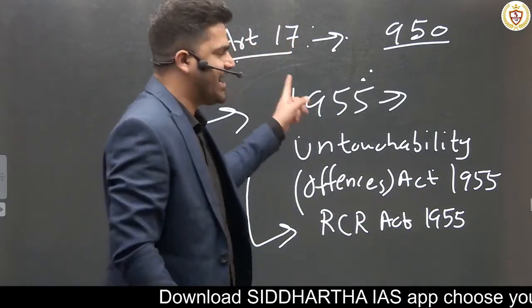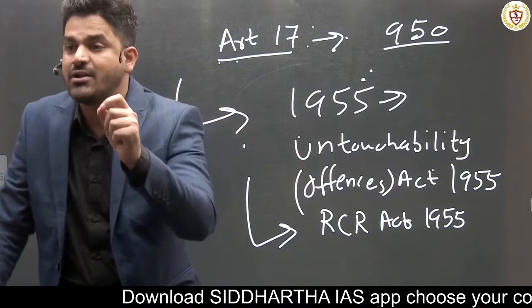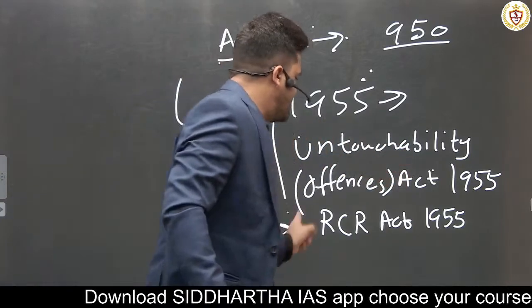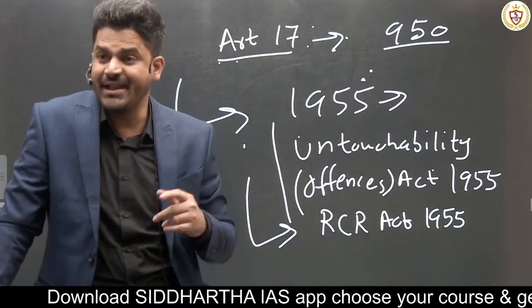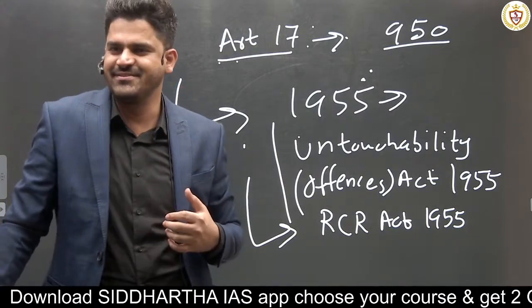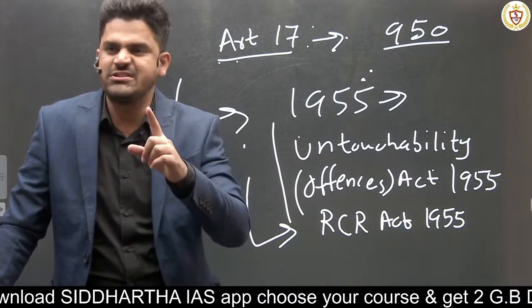Parliament ने कोई law pass किया गया था क्या? नहीं. So it means that fundamental right under Article 17 was not enforceable till passage of Untouchability Offences Act 1955. Because it is an example of non-self-executory fundamental rights. वो कब enforceable हुआ?